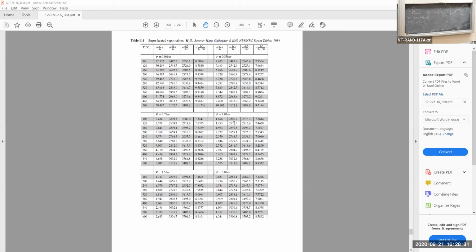Specific volume, internal energy, enthalpy, 2716.6 kilojoules per kilogram. Turn the share off. 2716, okay?